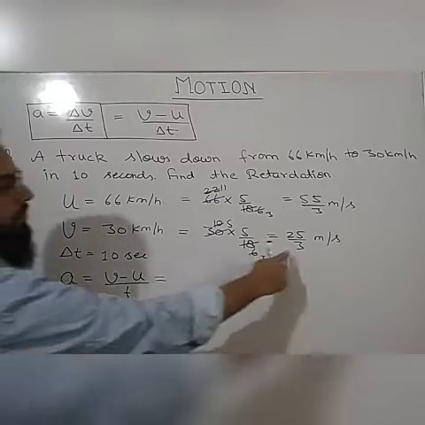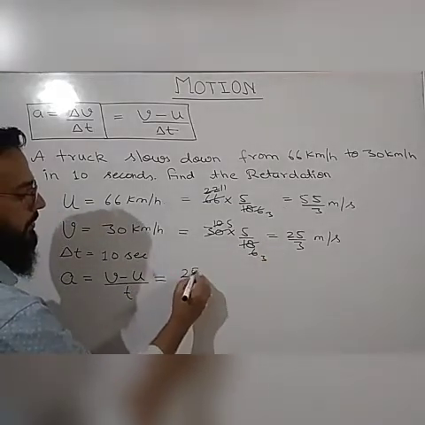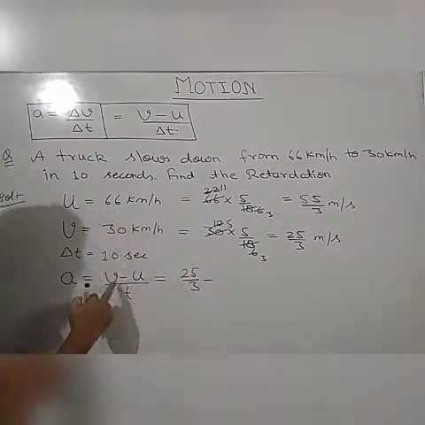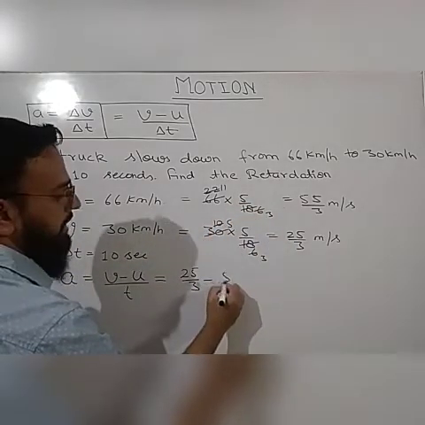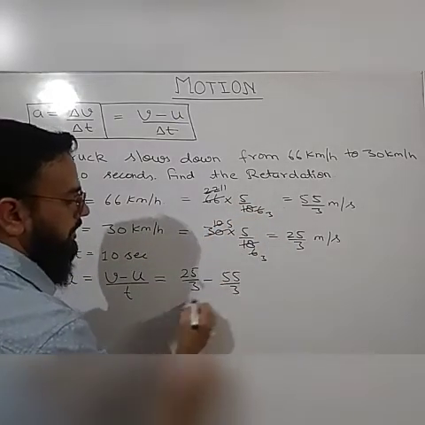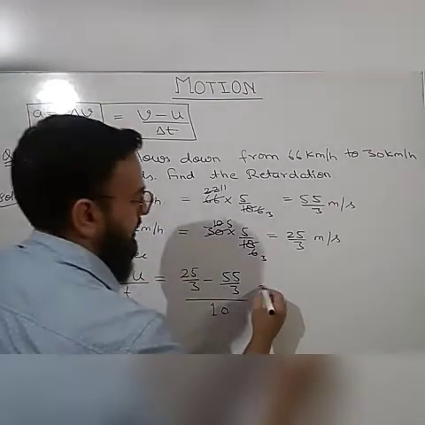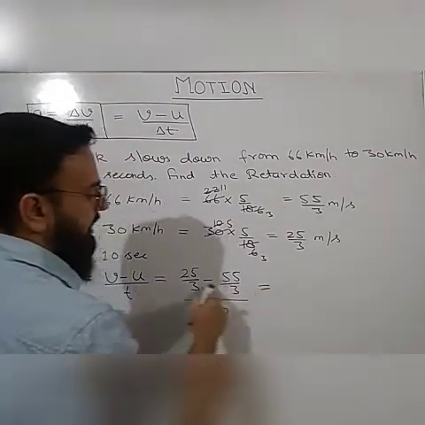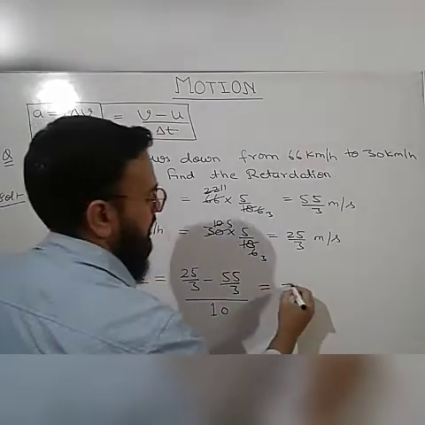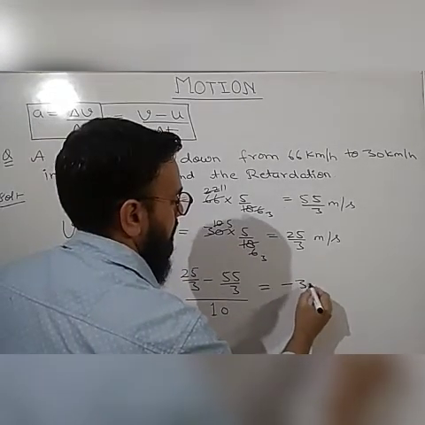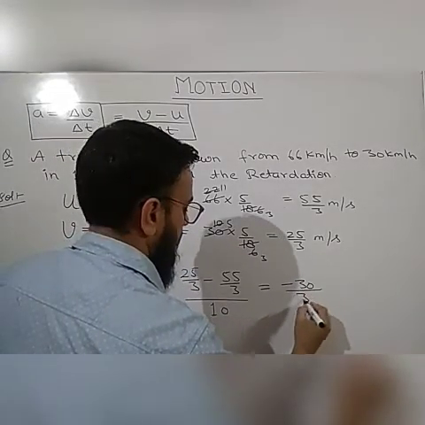The value of v is 25 by 3 minus the value of u is 55 by 3, and the time interval is 10. By taking LCM and solving, we will get 25 minus 55, that will be minus 30 upon 30.